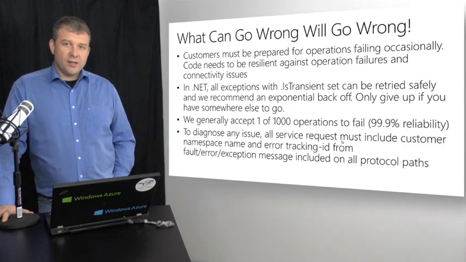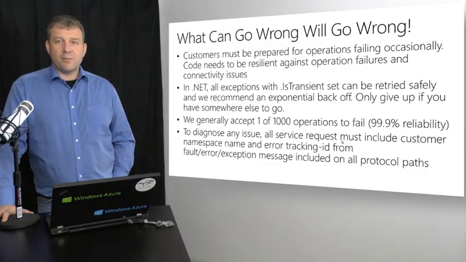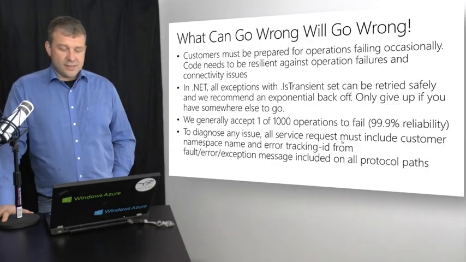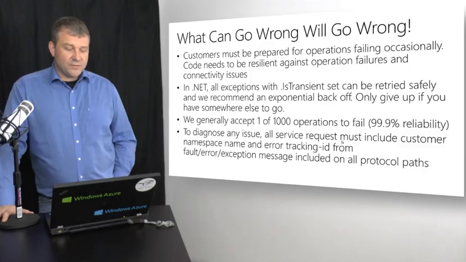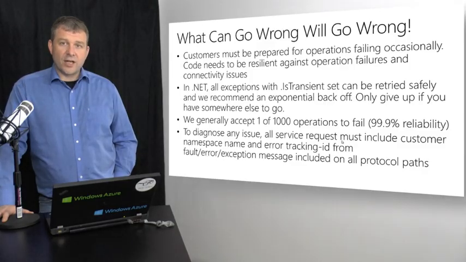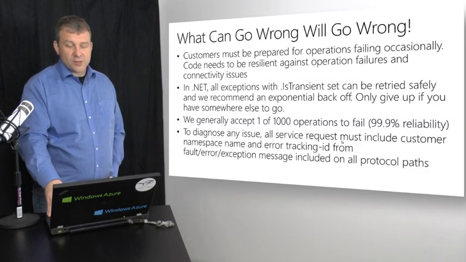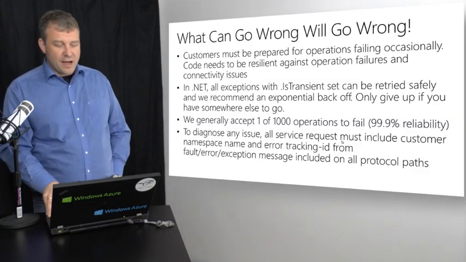That's a GUID that we throw back at you, and that GUID is individually traceable to the logs we have on the back end. So we need the namespace name and the tracking ID, and then we're happy to look this up for you if there's a problem that persists over more than, let's say, 5 minutes.